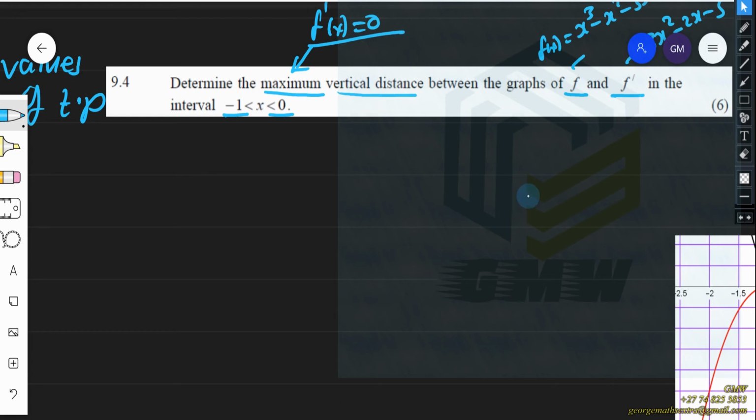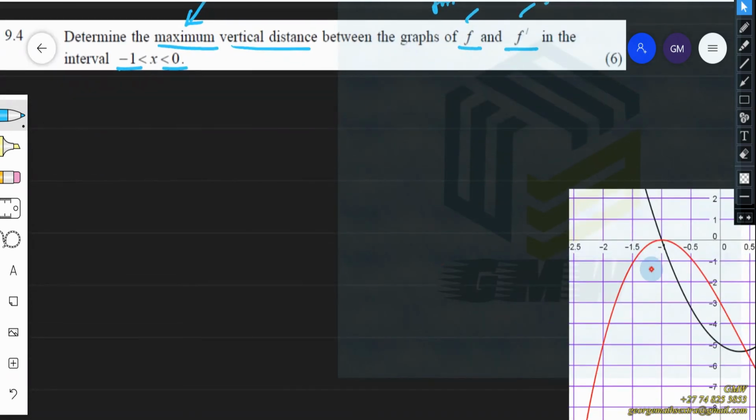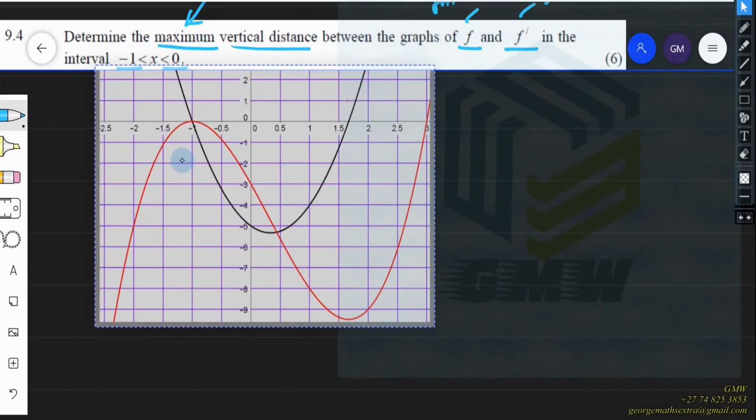Now, to get a clear picture of this, the cubic polynomial is already sketched. Now you can sketch, if you check, the first derivative here is a parabola. We know how to sketch a parabola, so you can sketch on top of this cubic polynomial a parabola, and I did that already. So this was the outcome.